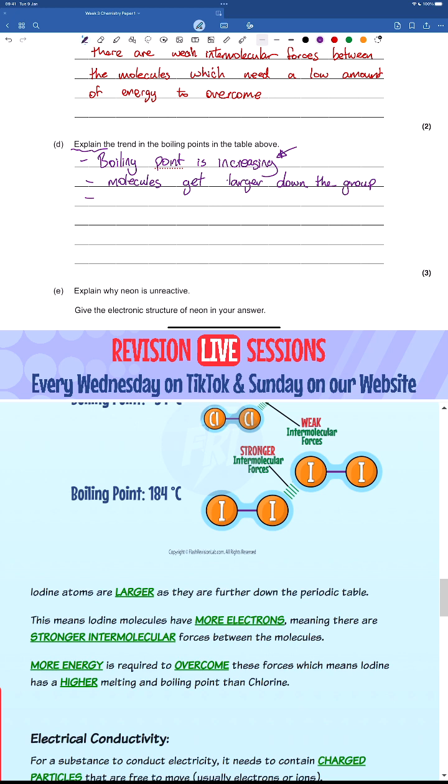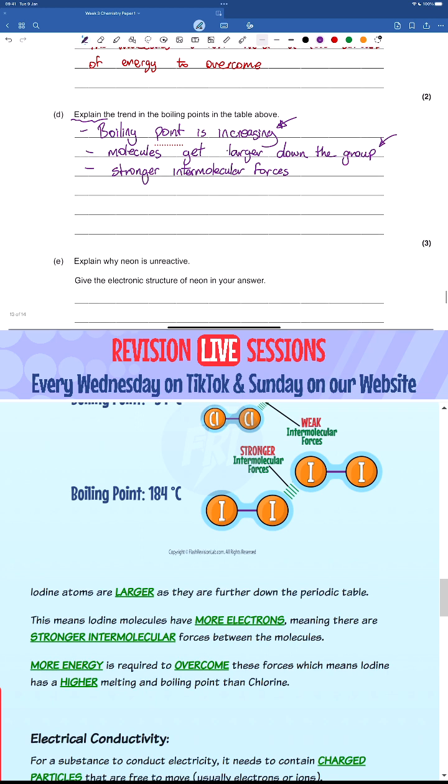You don't need to say more electron shells. That covers the fact that they're larger. The other thing, I think someone did say it higher up. If they're larger, it means there are stronger intermolecular forces. Yep, well done. Stronger intermolecular forces of attraction, which means more energy is required to break them.